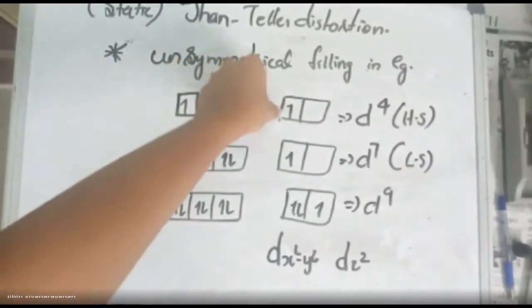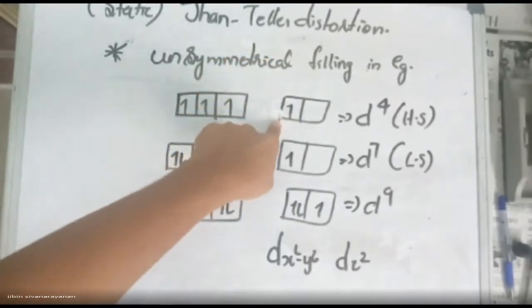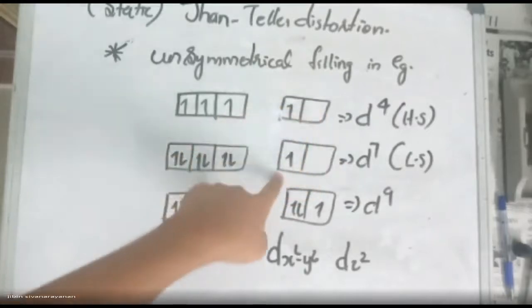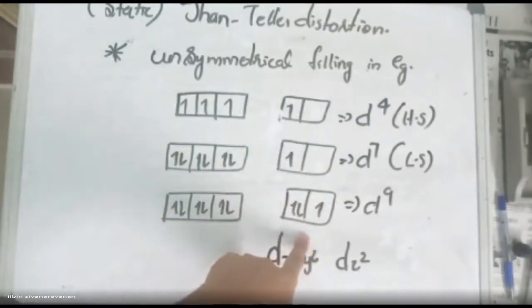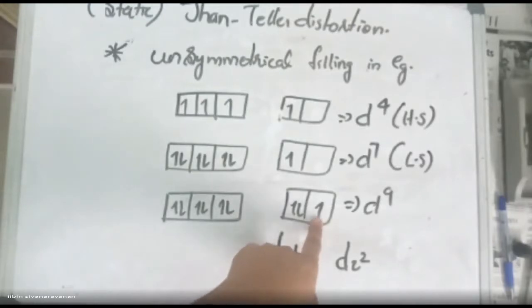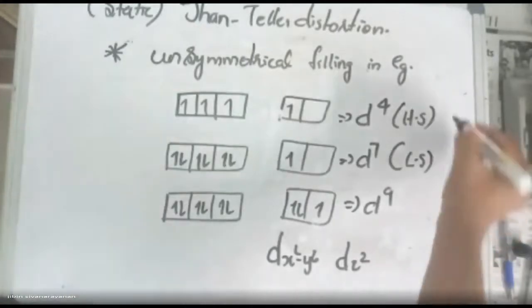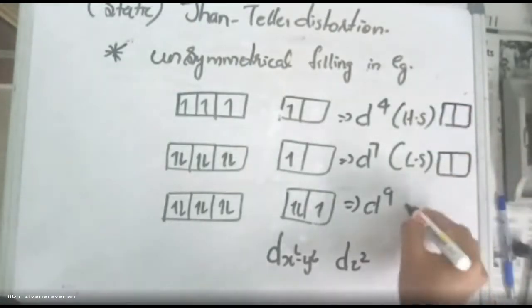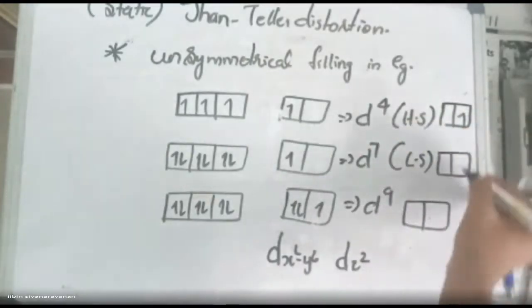Now this is the case in which the electrons are present in the first orbital, the dx²-y². So there is no electron in the dz². Here also there is no electron in the dz², so the unsymmetrical arrangement is happening. There is another possibility, that the electron can go to the dz².